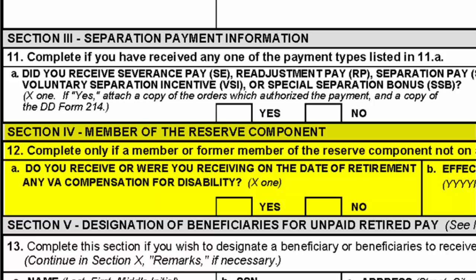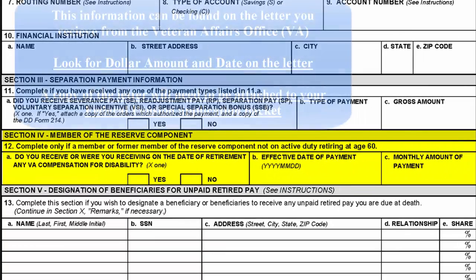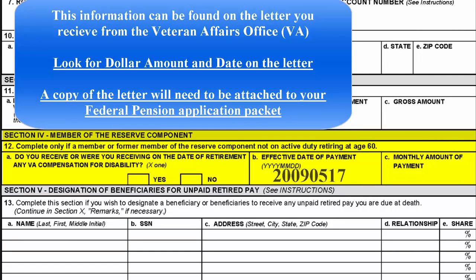If you put an X beside yes, you will put in a date of effective date of payment in block B in year, month, day format, and you will put the money amount of which the payment was that you received. You will find this information on the letter that you received from the VA.